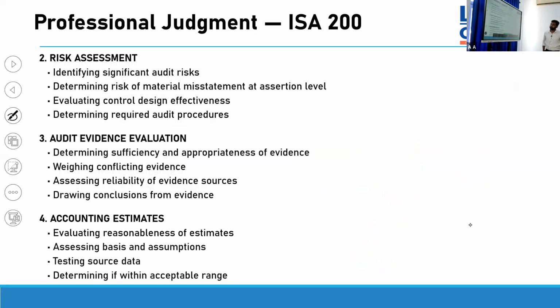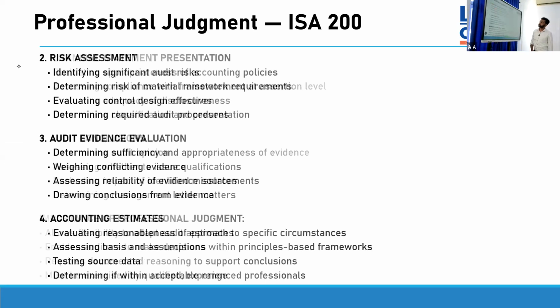Next one is risk assessment. When we are assessing the risk also, we must use our professional judgment. Next, audit evidence evaluation. In determining sufficiency and appropriateness of audit evidence, we must use our professional judgment, right? And also when evaluating the reasonableness of the estimates, which means accounting estimates, we must use our professional judgment.